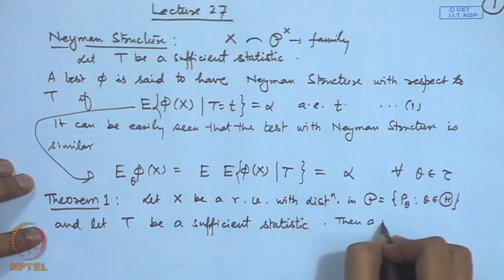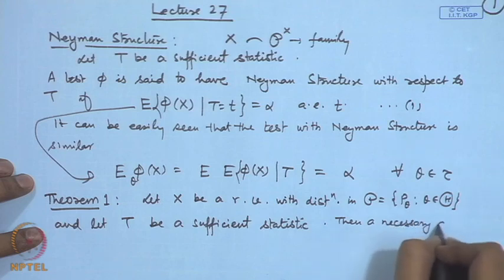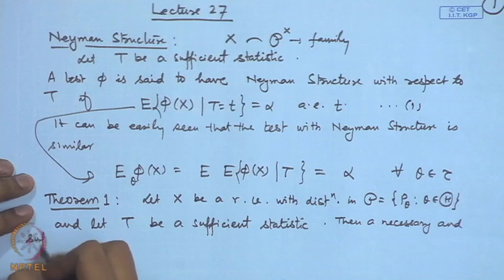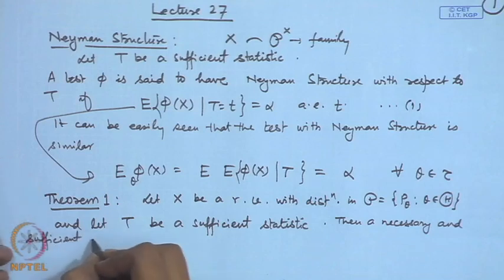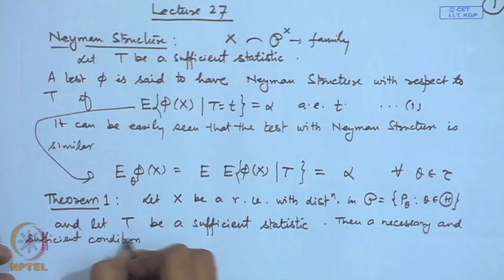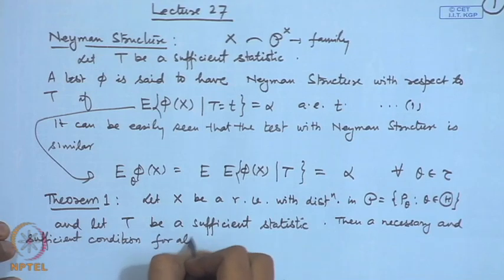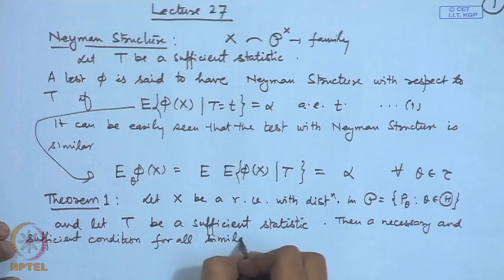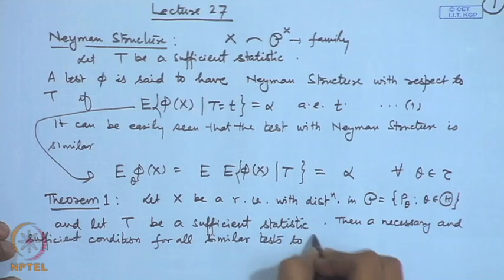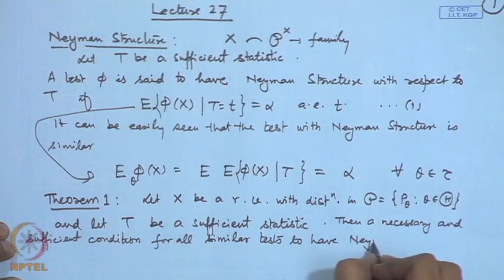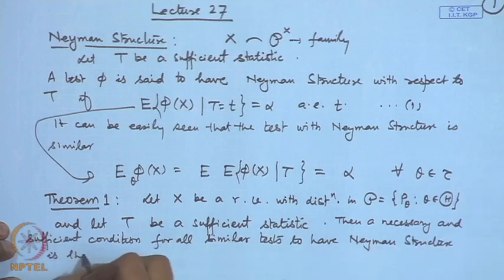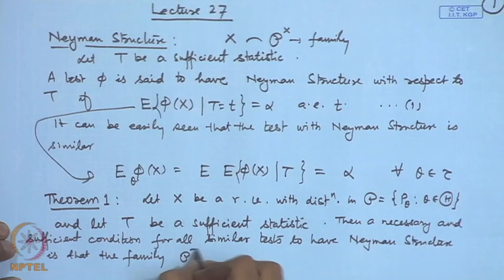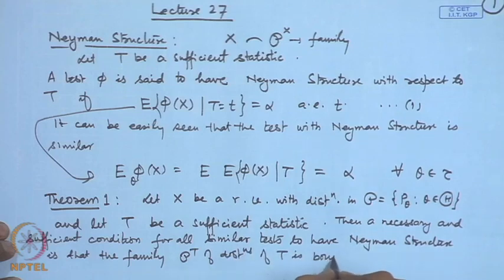Then a necessary and sufficient condition for all similar tests to have Neyman structure is that the family P_T of distributions of T is boundedly complete.